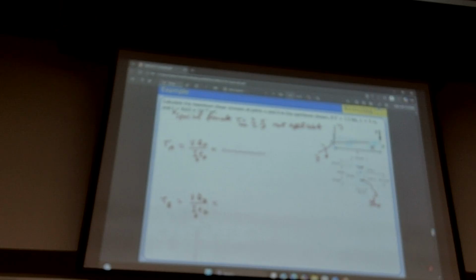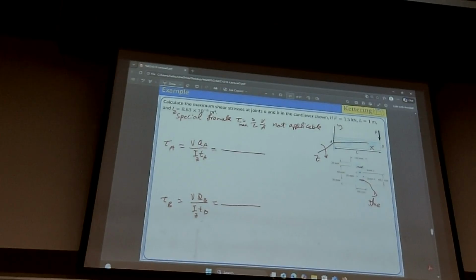All right. Three of them are easy to calculate. Only the Q part is, let's say, demanding. V is the force, given as 1.5 kilo. You have that. Let's do it in parallel. IZ is literally given to us. Again, you're welcome to take a look at the textbook.